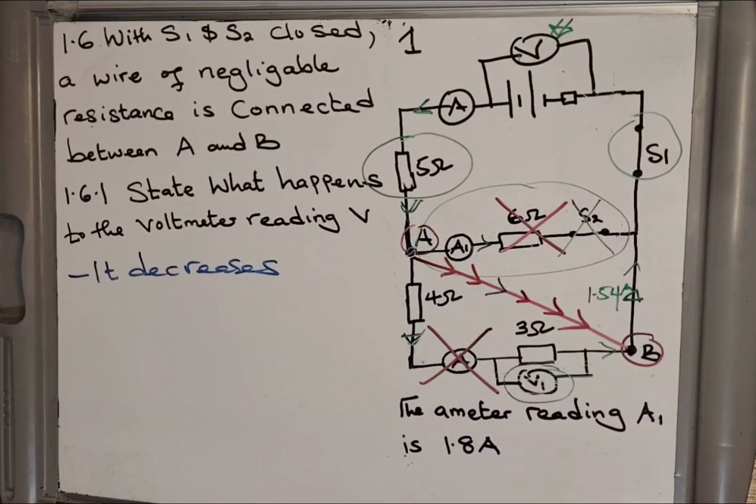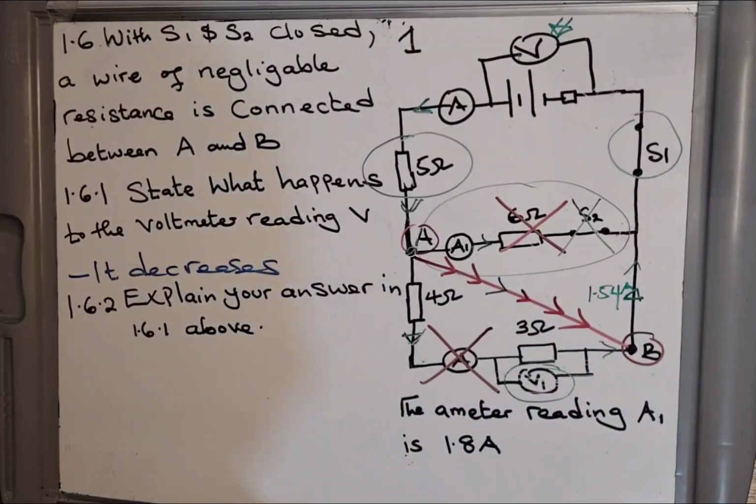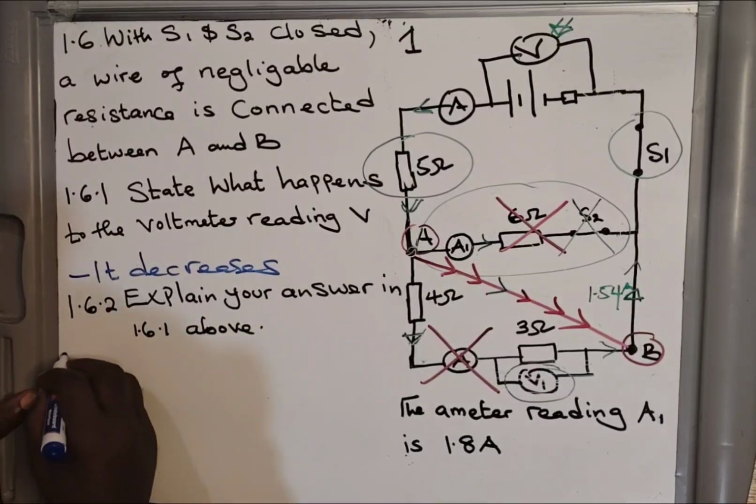Then comes the next question, to explain your answer. Okay, then how do we explain our answer of the decrease? We'll go through the same steps and we'll start with the resistance. What happens to the resistance?